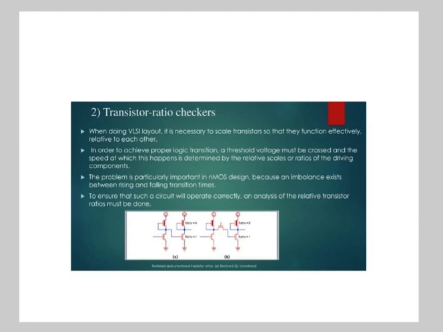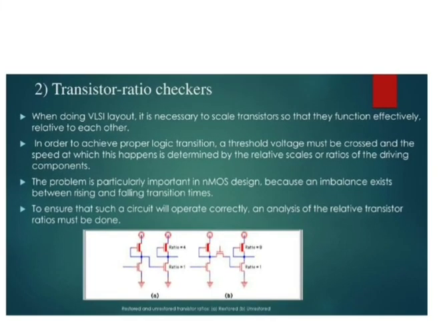Next is the transistor ratio checker. When doing a VLSI layout, it is necessary to scale transistors so that they function effectively relative to each other. In order to achieve a proper logic transition, a threshold voltage must be crossed, and the speed at which this happens is determined by the relative scales or ratios of the driving components.